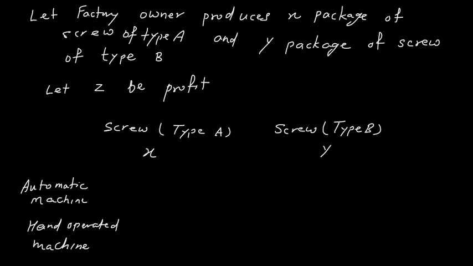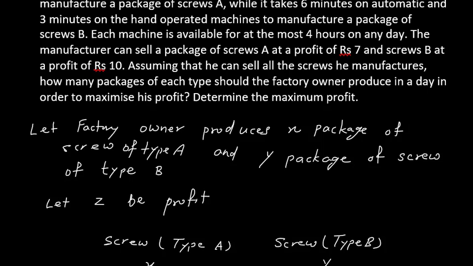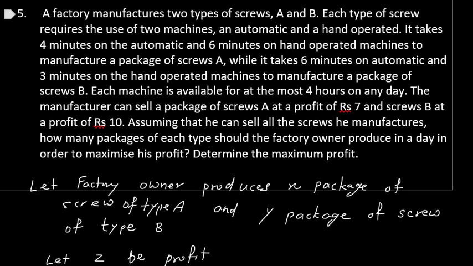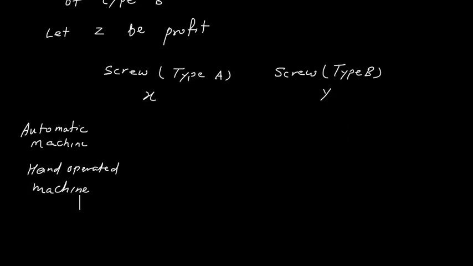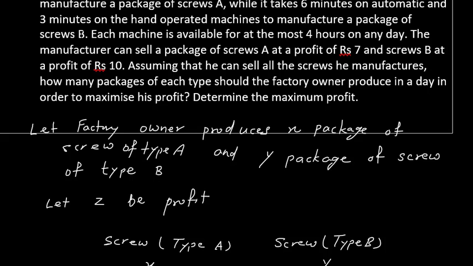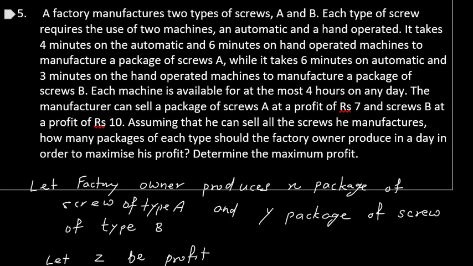Now for the automatic machine, it takes 4 minutes on automatic and 6 minutes on hand for type A. So 4 minutes and 6 minutes. And for type B, 6 minutes and 3 minutes.